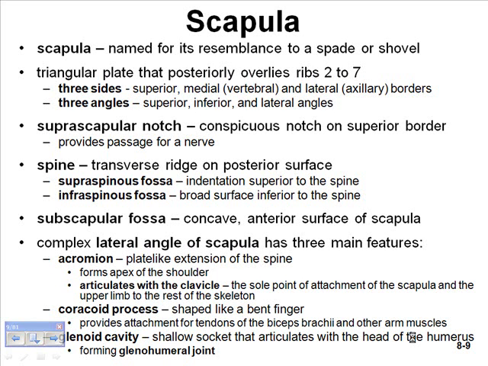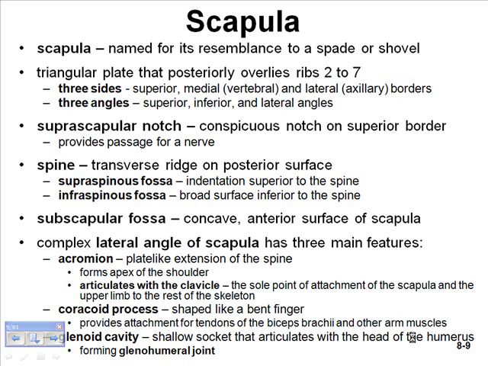On the anterior surface, you have a much larger fossa called the subscapular fossa. So when you identify and look at the scapula, you can identify several structures and features from the posterior side of it, but then some major features from the anterior side.